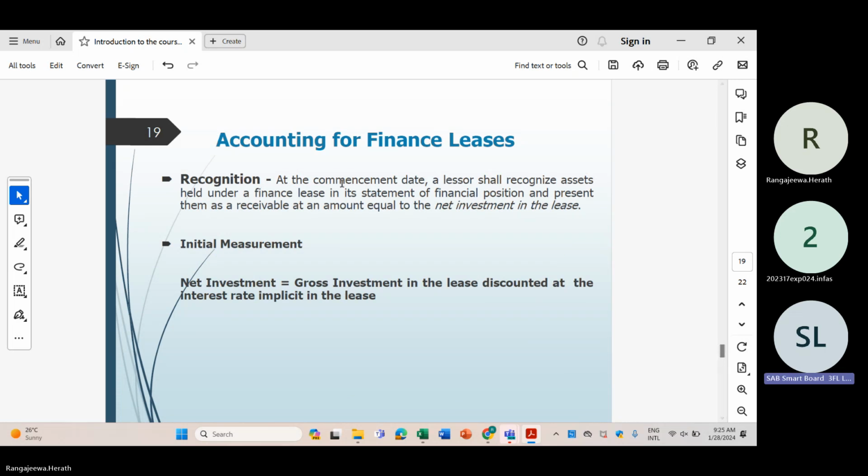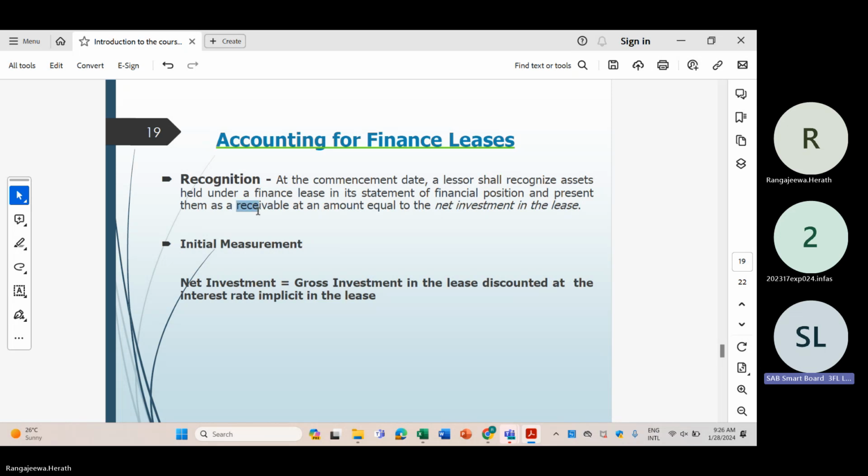So for the accounting treatment from the lessor's point of view, we have to separate between finance lease and operating lease. In a finance lease, the lessor recognizes the lease receivable, rather than the asset held under the finance lease.